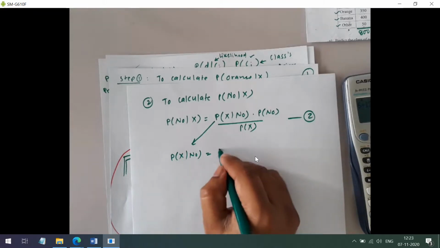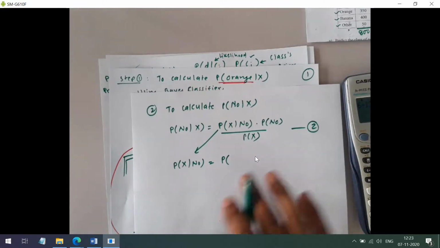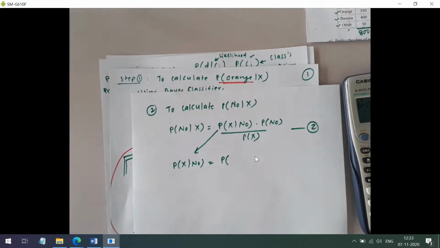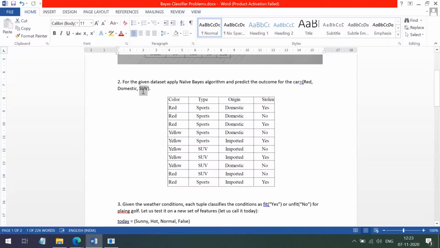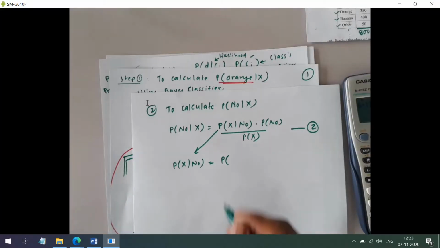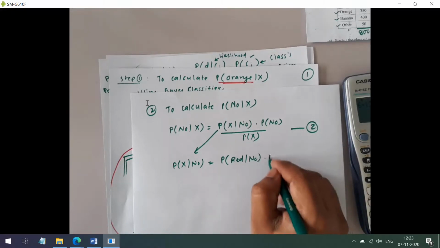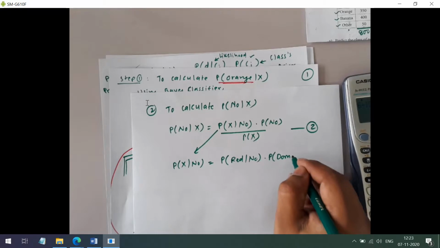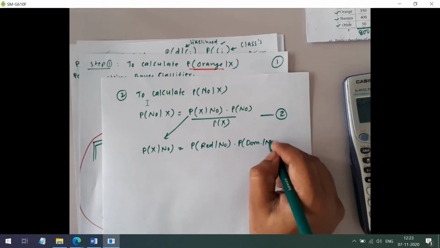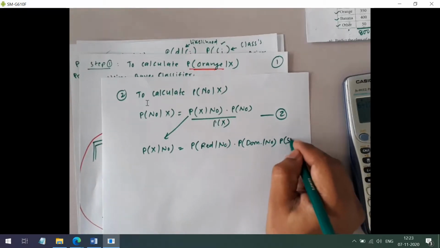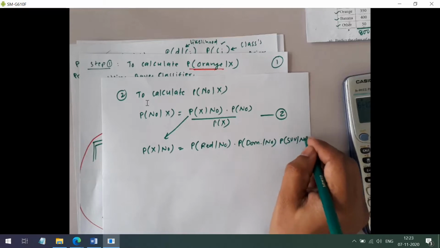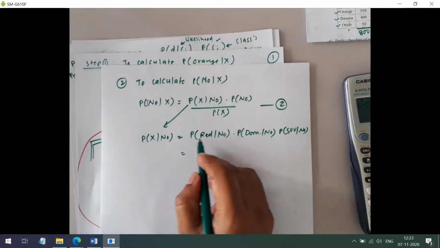equals probability of X, which is made up of red, domestic and SUV. So red given no, domestic given no, SUV given no. Okay, so now we'll calculate this one.